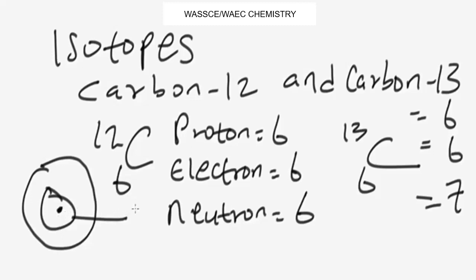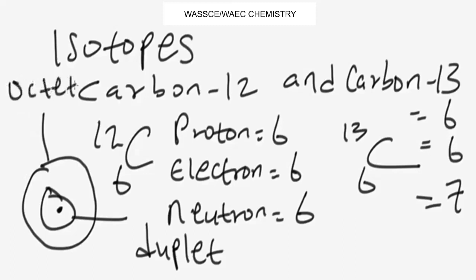So we call it the duplet shell. Whereas the second shell and beyond, whether it's second or third or fourth shell, contains a maximum number of 8 electrons, and we call this the octet shell.